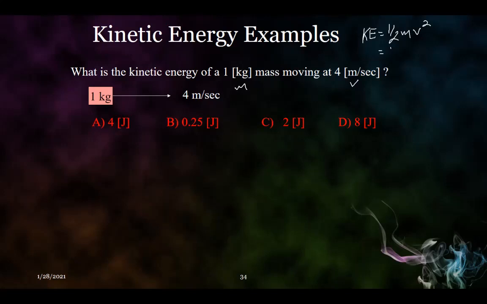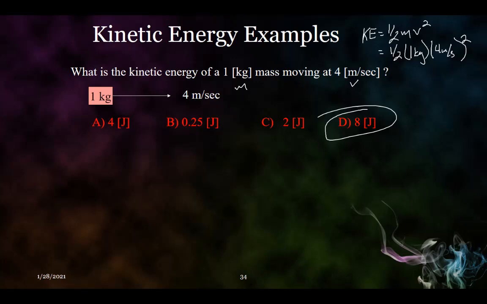So in this particular instance, 1 half times the mass, 1 kilogram, times the velocity, 4 meters per second, squared. 4 times 4 is 16, times 1 is 16. Divided by 2 is going to be 8. And so hopefully you were able to follow that math through as we did it.